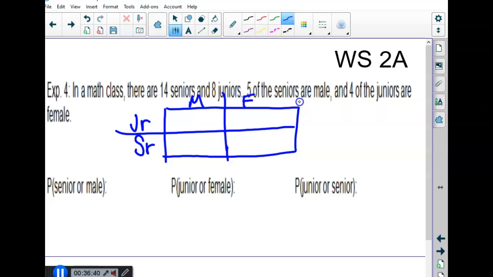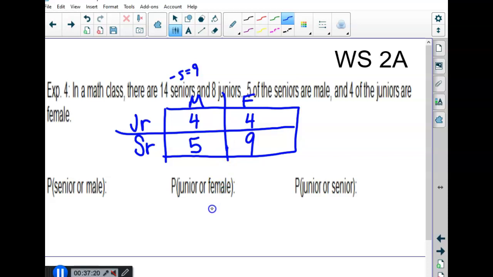All right, 5 of the seniors are male, so I have 5 seniors that are male. 4 of the juniors are female, so I have 4 juniors that are female. This assumes gender is either female or male, I apologize, but if there are 14 seniors total, how many do we know are girls? 9 are female. Does that make sense, guys? 14 minus 5 leaves 9 for that box. 8 juniors total. So if there are 4 female, there are 4 male.